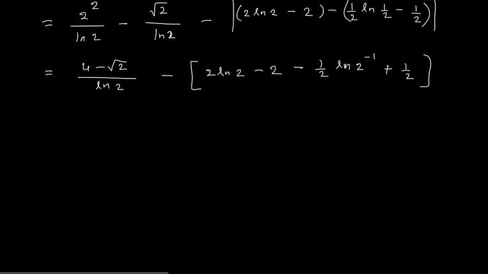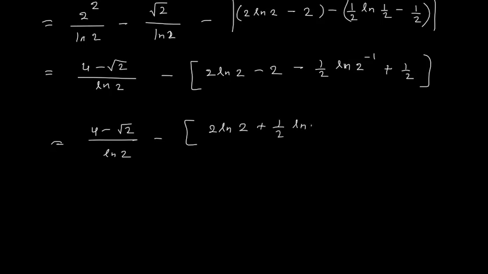So this is equal to 4 minus root 2 divided by ln 2 minus 2 ln 2, this minus 1 will come here, so it is plus 1 by 2 ln 2, and this minus 2 plus half is minus 3 by 2.